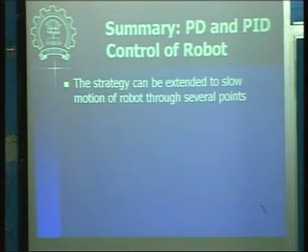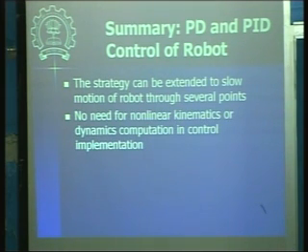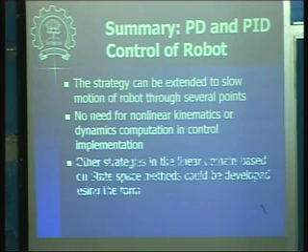Here the trajectory points are not very closely placed, they are kind of far apart, and then you use PID control strategies to take the robot through these points. Now there is no need for computation of complicated nonlinear dynamics in this case.